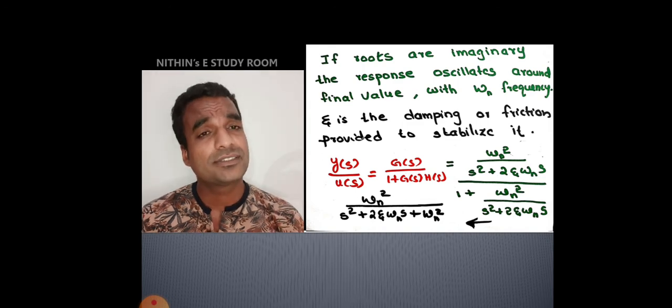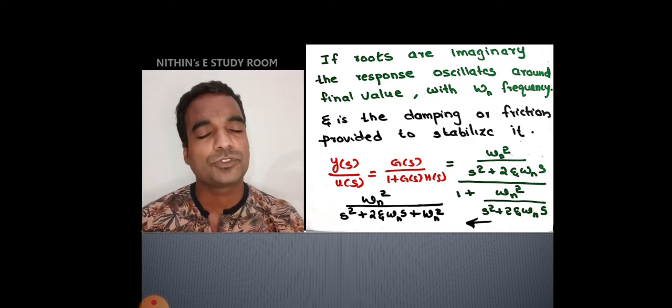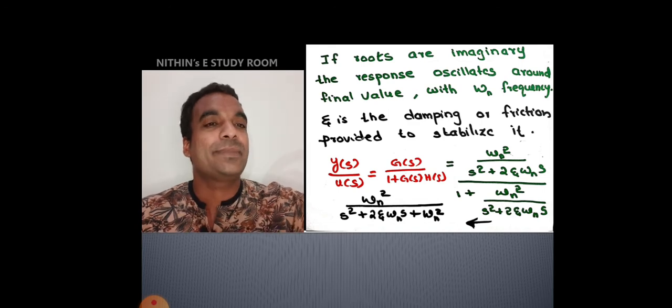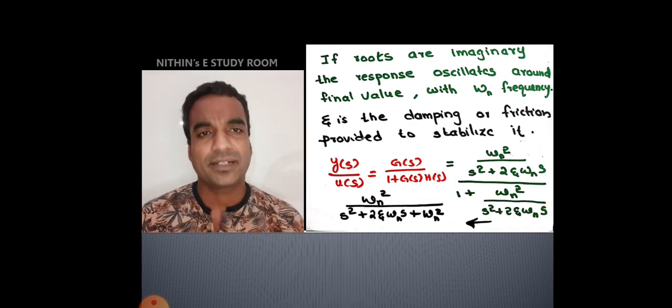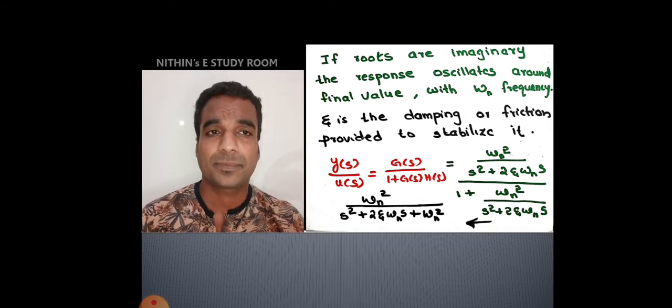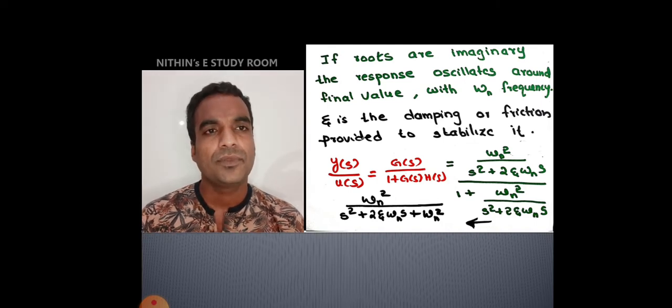So a second order system may have an oscillating response, and a fully damped, unoscillating response may also come. But all such systems can be represented in this form. It will become clearer in this class or the upcoming class how all the systems can be represented using this standard form. Don't get confused. So eta is the damping or friction provided to stabilize it.